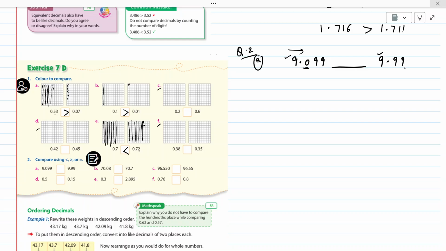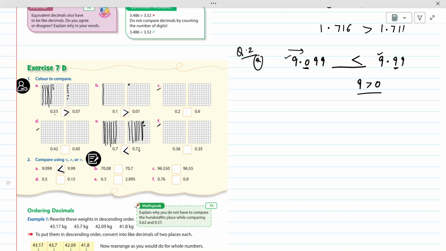Here we have 0 and here we have 9, and we know that 9 is greater than 0, right? So the number 9.99 will be greater than 9.099, because the number at the 10th place is greater than 0.